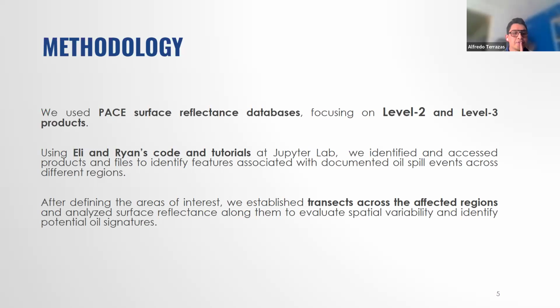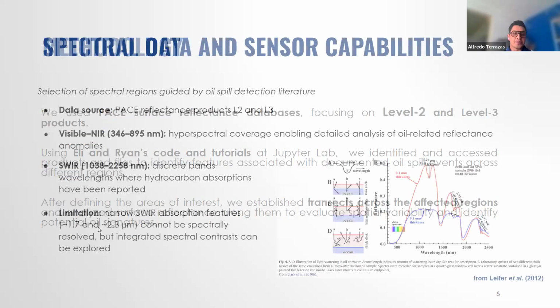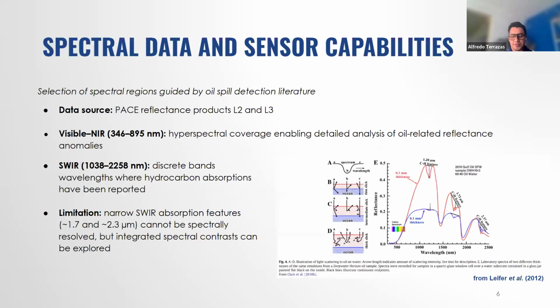I am only showing you a few of them, but after defining these areas of interest, we established transects across the affected regions and analyzed surface reflectance along them to evaluate spatial variability and to identify potential oil signatures. The spectral data and sensor capabilities were important because the PACE products have a spectral resolution for visible and near infrared.